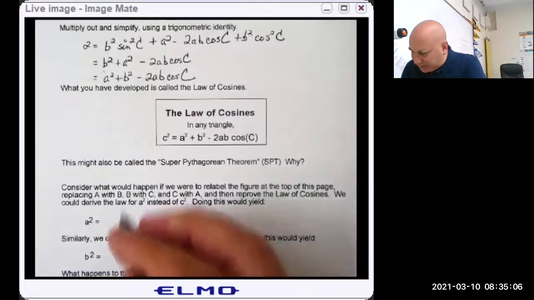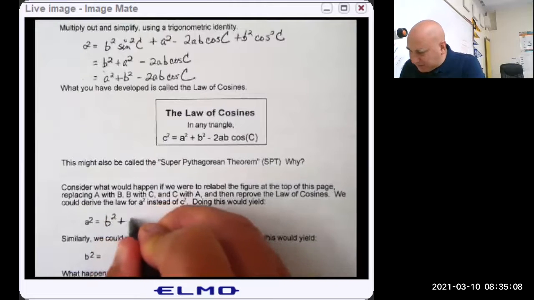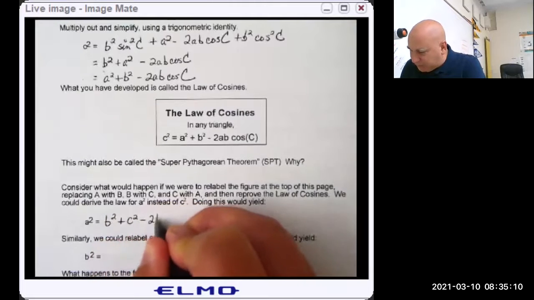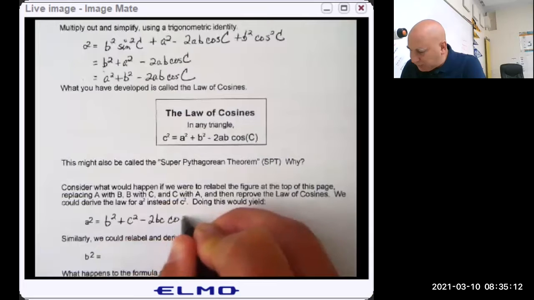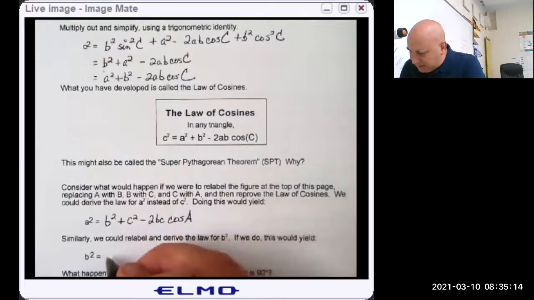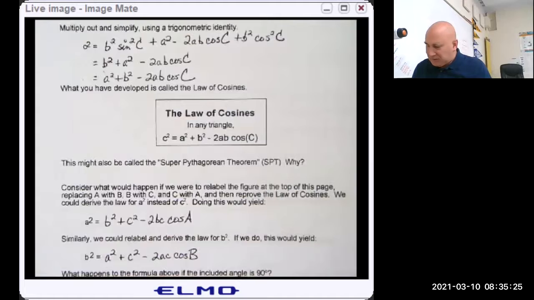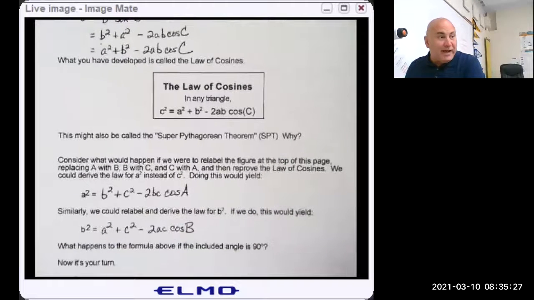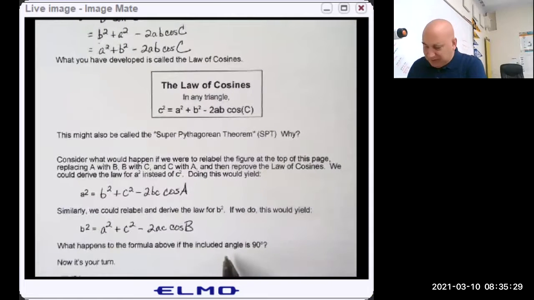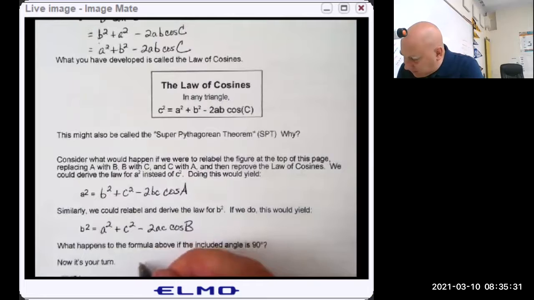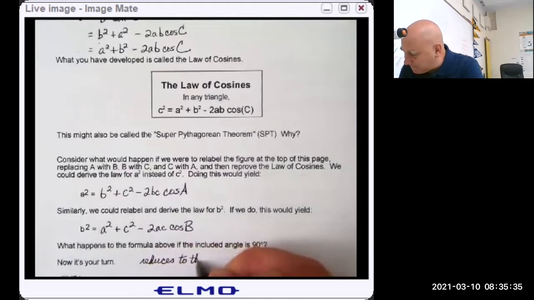So then a squared would be b squared plus c squared minus 2bc cosine A. And this would be b squared equals a squared plus c squared minus 2ac cosine B. And what happens to the formula if the included angle is 90 degrees? It reduces to the Pythagorean theorem.